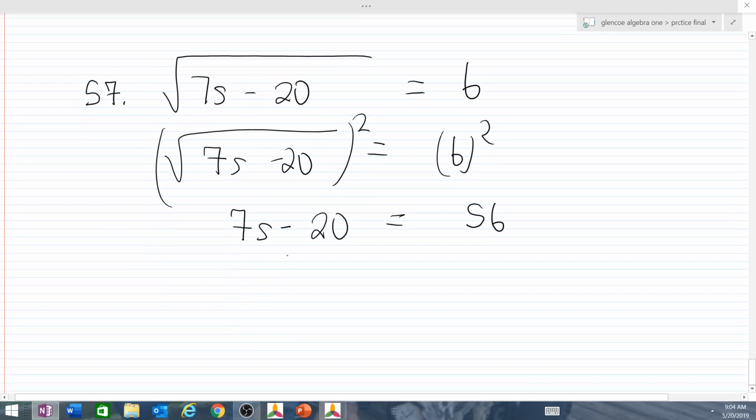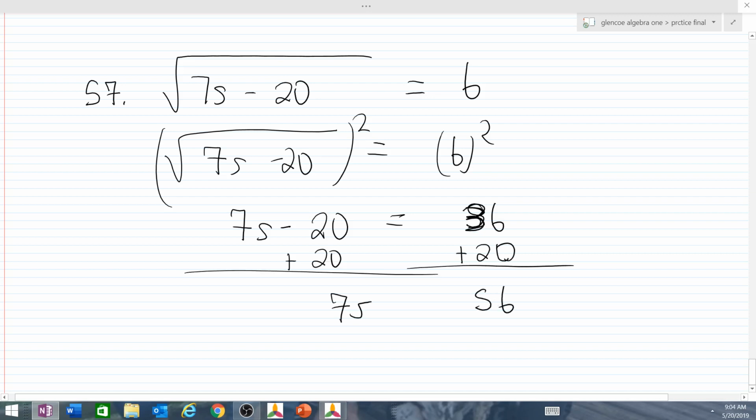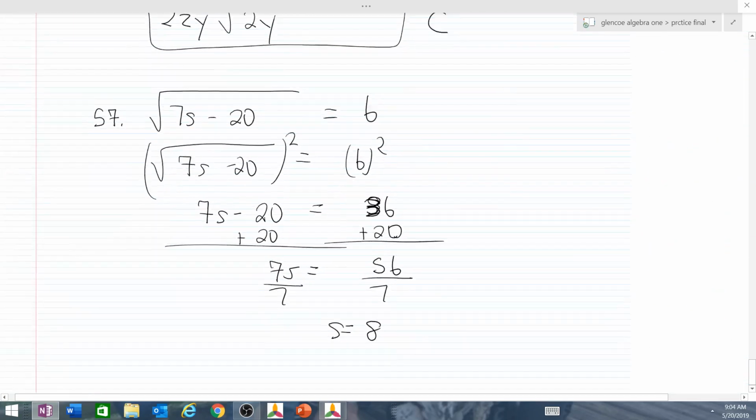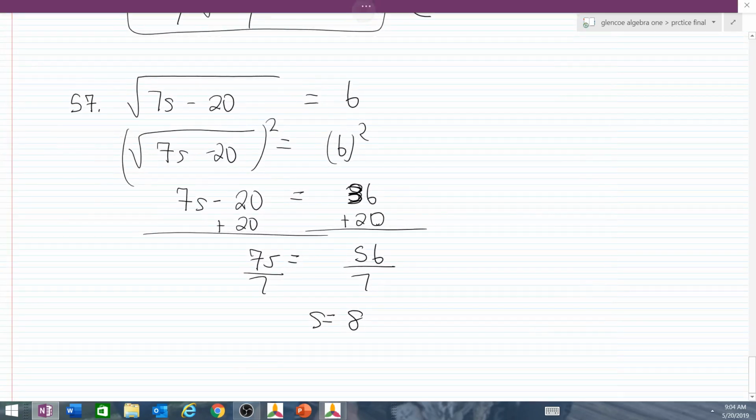Step 2, in this particular case, we're going to add 20 to each side. This is 36. Sorry, I was ahead of myself. Which gives me 7s equals 56. Divide each side by 7. S equals 8. The most important thing you have to do here, guys, is you have to check your work.